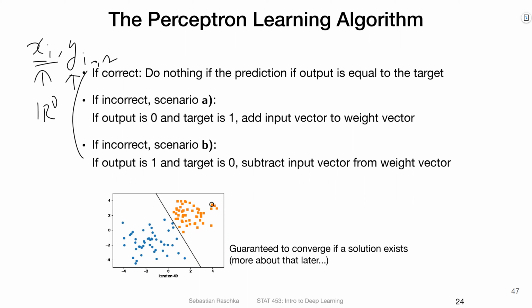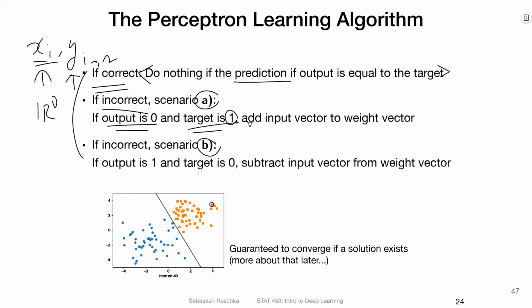If the result is correct, then we are going to do nothing because the prediction is correct. If this value is incorrect, then there are 2 cases, scenario 1 and scenario 2. The output is 0, however, the target we want is 1.